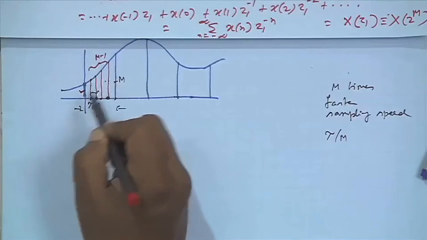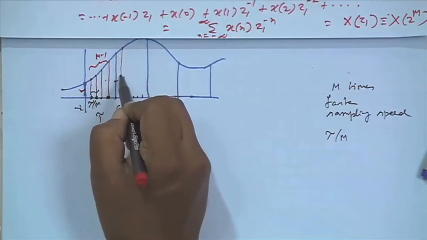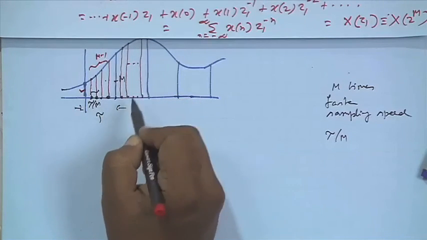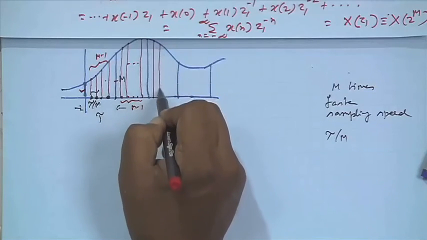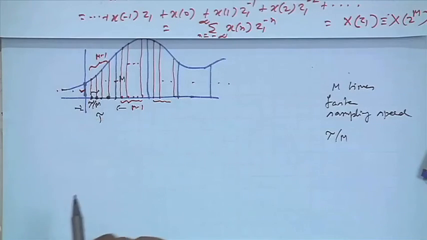Then again here, I would have got these samples, another m minus 1, again here, and so on.